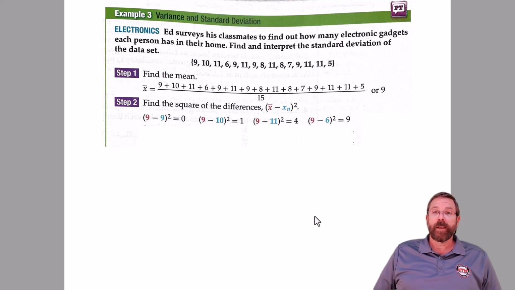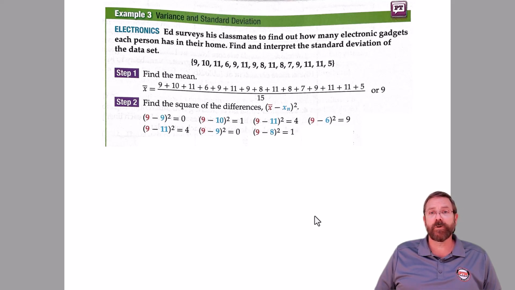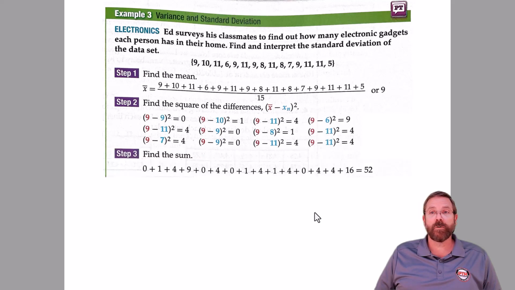And then keep going. 9 minus 6 is 3. 3 squared is 9. 9 minus 11, that's going to be a negative 2. Negative 2 squared is 4. 9 minus 9 is 0 again. 0 squared is 0. 9 minus 8 is 1. 1 squared is 1. 9 minus 11 is negative 2. Negative 2 squared is 4. Lots of work here. You keep it going until we get them all done.